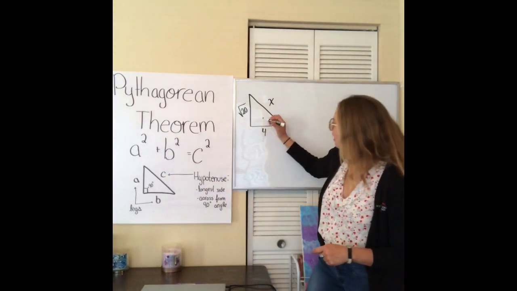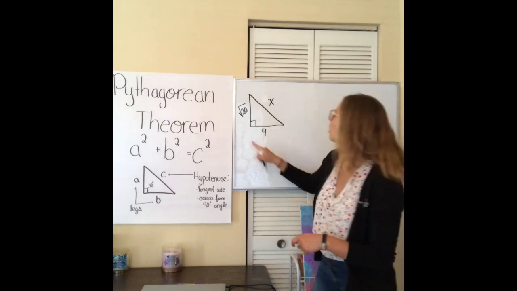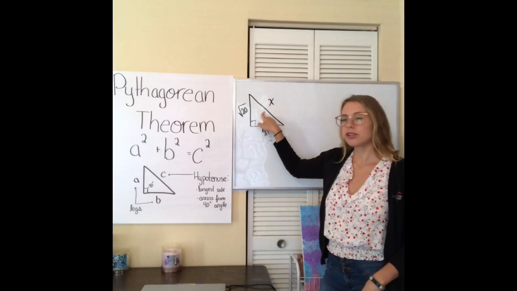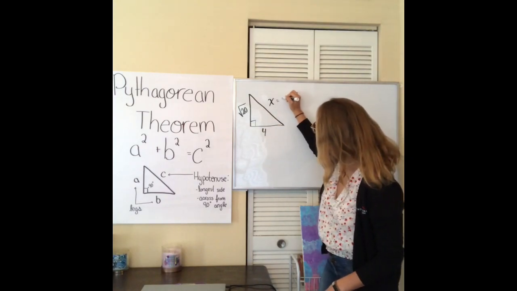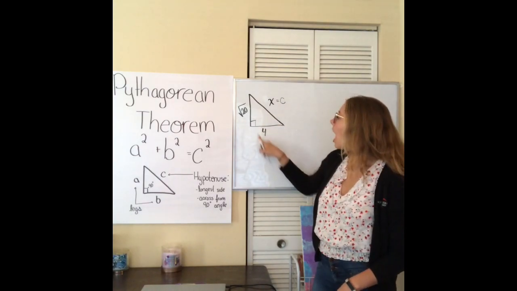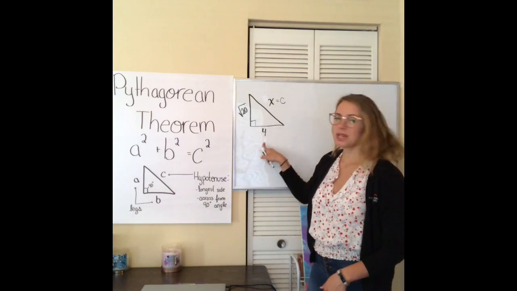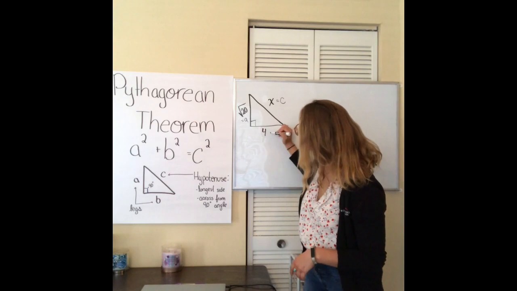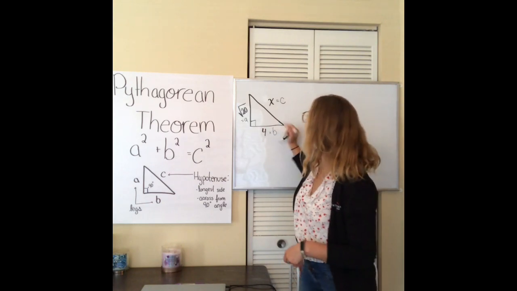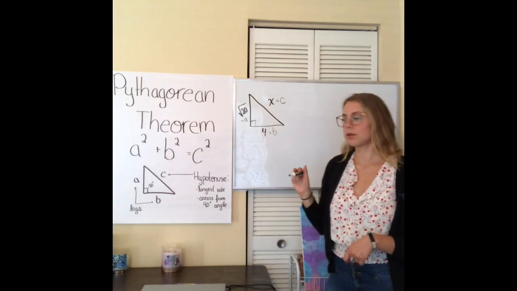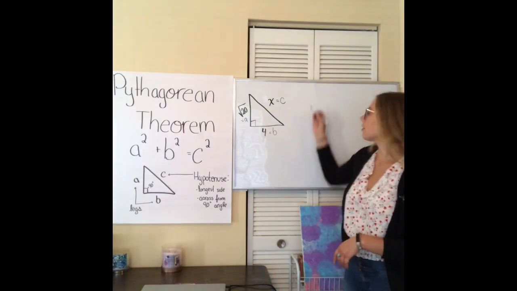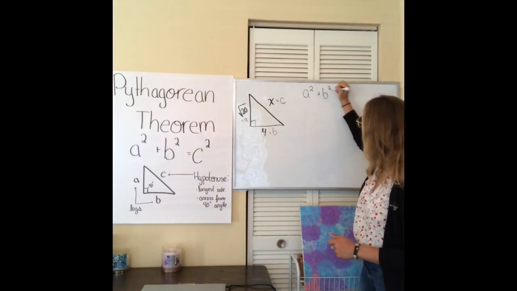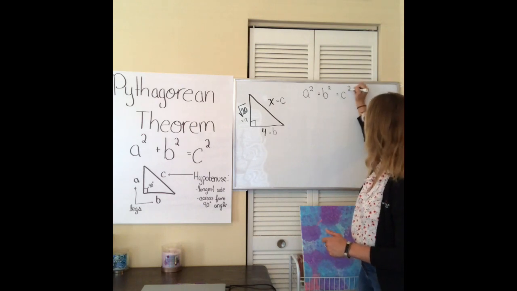I see that this right here is my right angle, and the side opposite of the right angle is always my hypotenuse, which is C. Either of these legs could be A or B, it really doesn't matter, as long as your hypotenuse is C. So now I'm going to write down the formula: A squared plus B squared equals C squared.